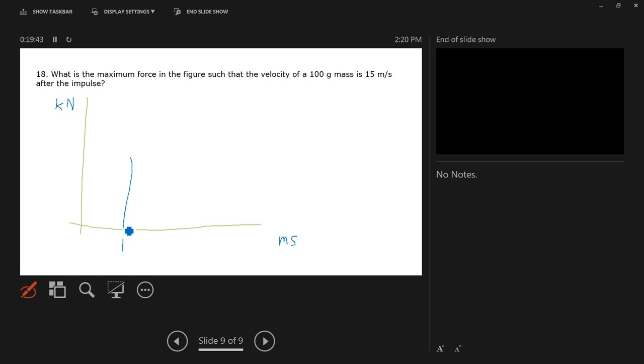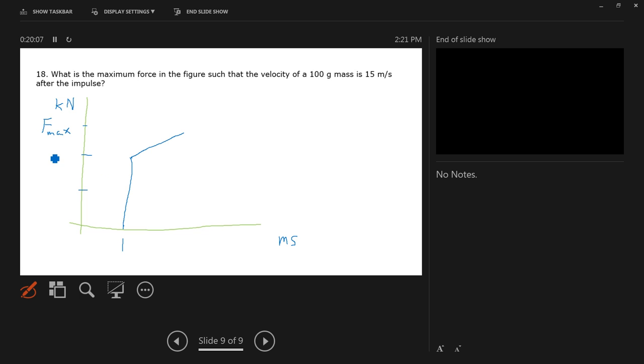So our force turns on instantaneously, and then it ramps up to another value here, which we're going to call this top value, F max.